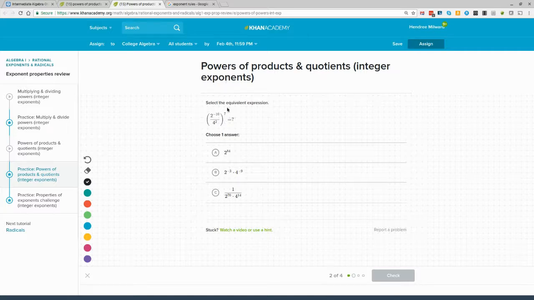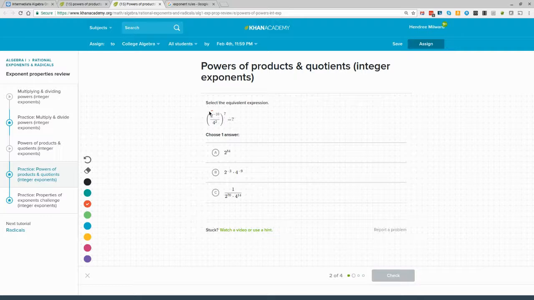Okay, now this is a quotient. Quotient is just the fancy word for division. So I've got a division of two things raised to a power. But the notion is similar, right? Exponents distribute over both products and quotients. So I'm just going to raise the top and the bottom of the fraction to the 7th power individually, right?